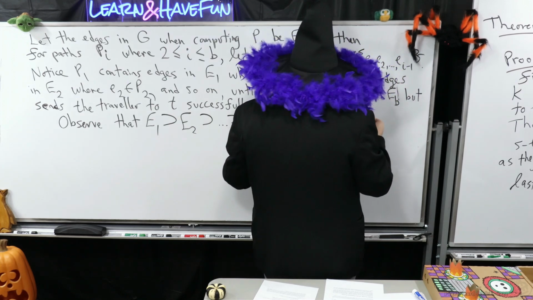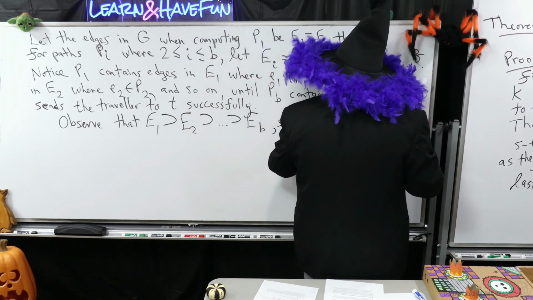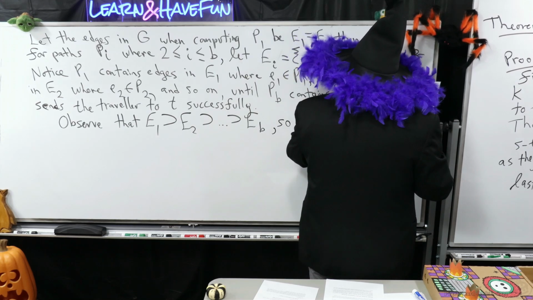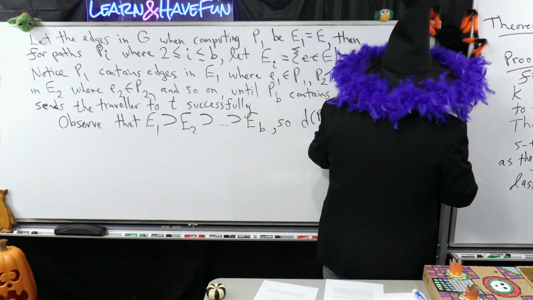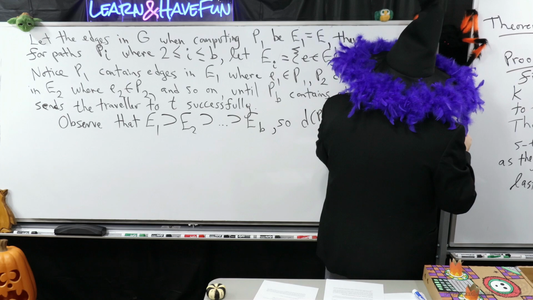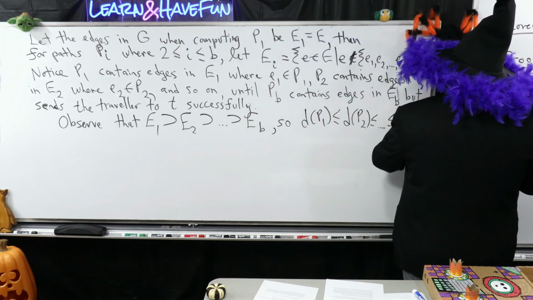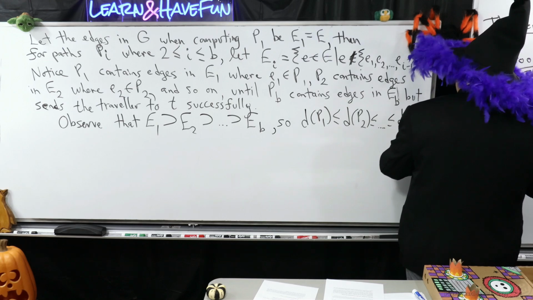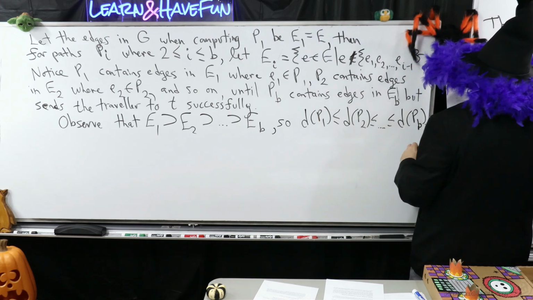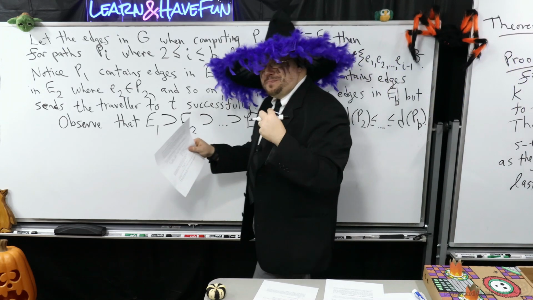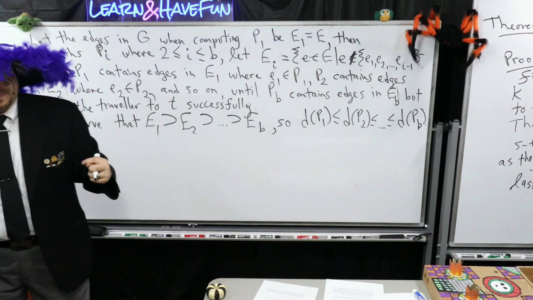So what does this mean? That means that the length of P1 is at most the length of P2, which is at most the length of P3, and so on, all the way up till it's at most the length of PB. So this is going to be our best friend here, okay?